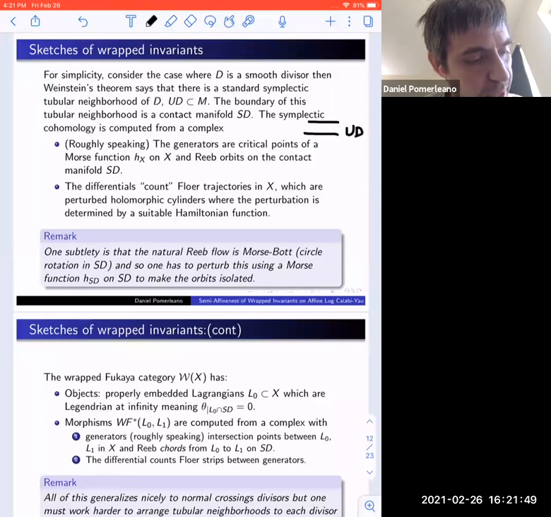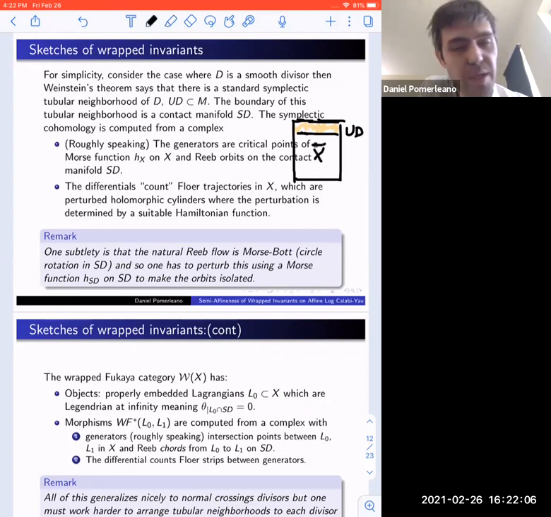So if this is my M, a bit hard to draw, I should have left more room on the slide, we excise U of D to get some manifold X bar, which is a Liouville domain, meaning its boundary is a contact manifold.